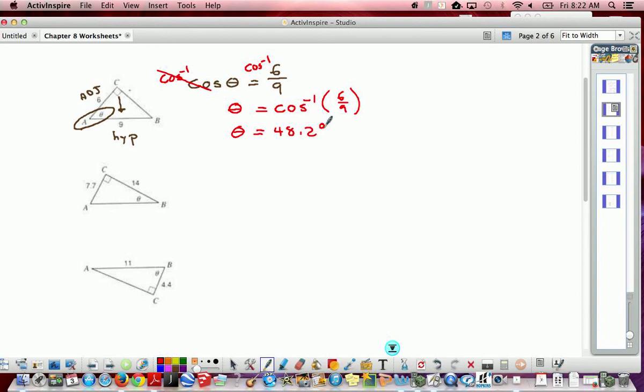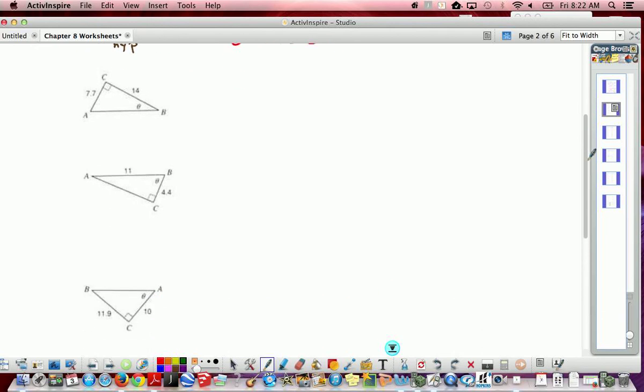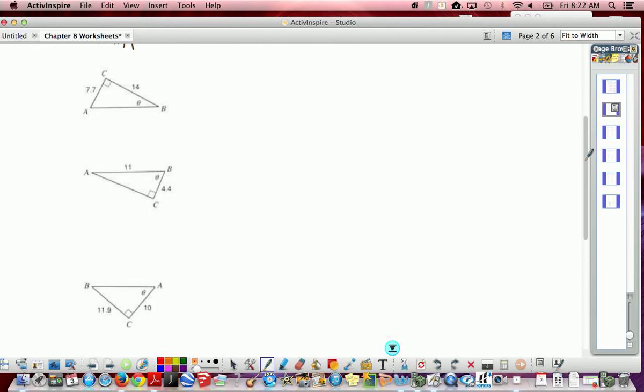Same process on all of these now, but again, we're just using those inverse trig functions. So on B, or the second one here, here's our theta, which is located by angle B. Across from it is the opposite. Next to it, which is not the hypotenuse, is our adjacent. So this tells me I'm using tangent.